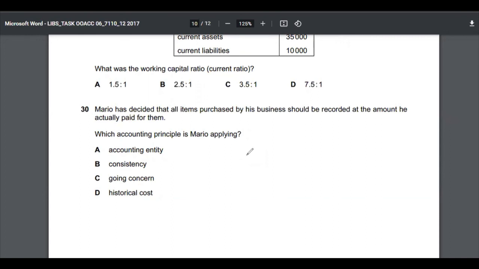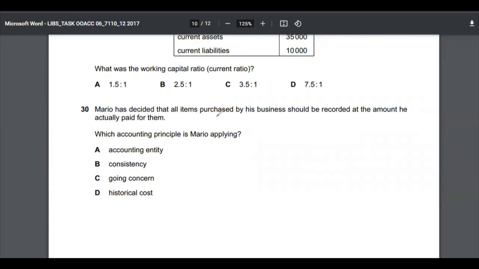For example, two to three of your multiple choice questions were testing you on matching principle. 2 to 3 multiple choice questions were testing you on accrual principle, right? So accounting principles are very important to succeed in this exam, because it's all about accounting at the day end. So let's look at multiple choice 30.